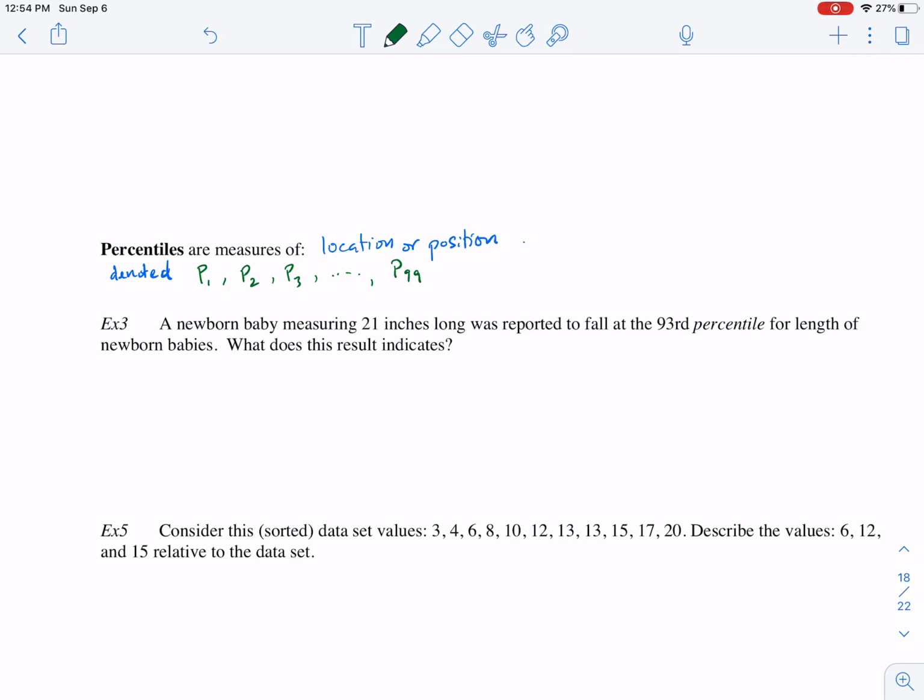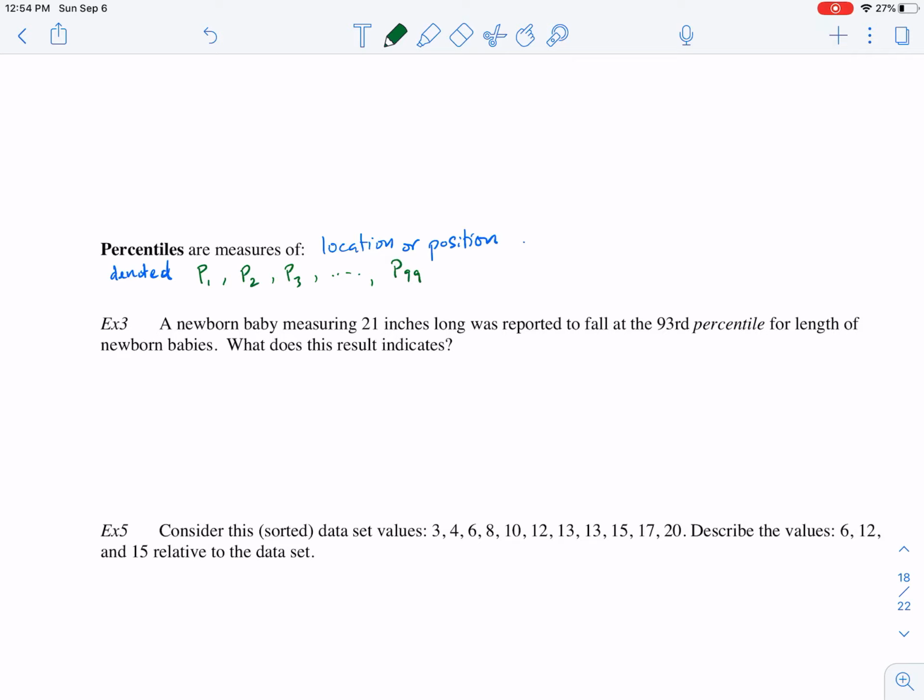So we take a data set, we plot the data set, scale the data values, and then we can divide that data set into 100 percentiles. Each percentile is 1% of the data values.